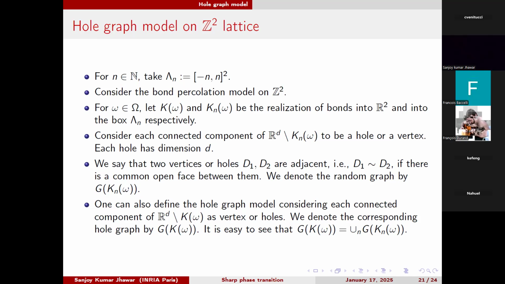Then you can construct this graph G for each realization, and try to see whether this type of graph percolates or not. You can have some monotonicity property depending on p, that if you increase p, there will be more and more smaller components. That means the graph in this model will percolate.